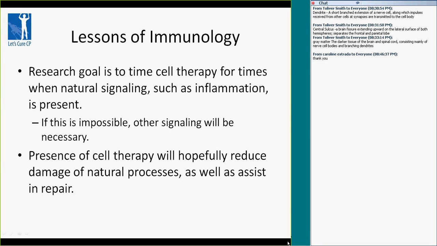There are certain colony stimulating factors that we're researching that we might use, other things like that. But the point is that we need a signal to tell the cells where to go. And we hope that cell therapy will reduce the damage of those natural processes. If we time it right, we get the cell therapy in there in a timely manner, and we start to see repair, then we can reduce inflammatory response and other processes which might cause damage. Next slide, please.